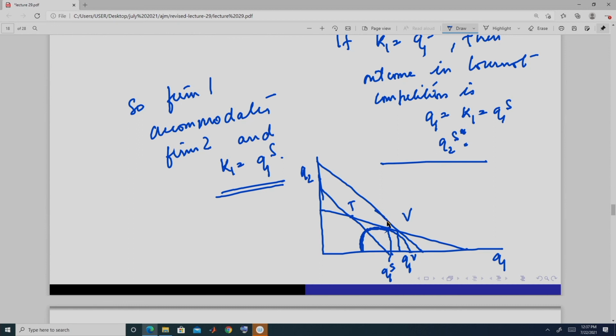Okay, so the reaction function is going to be this. So they intersect. This is the outcome in Cournot competition.